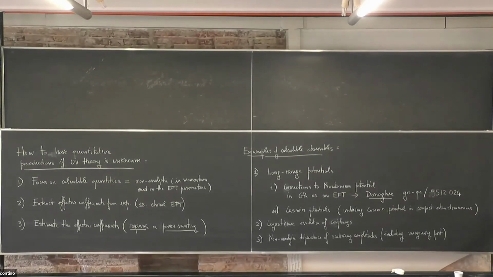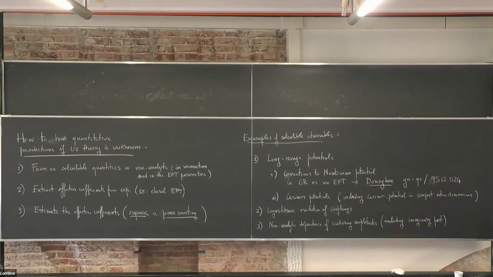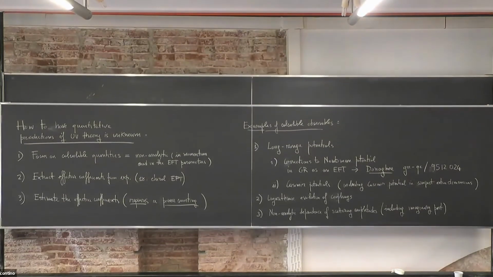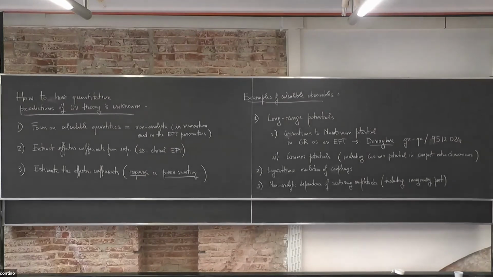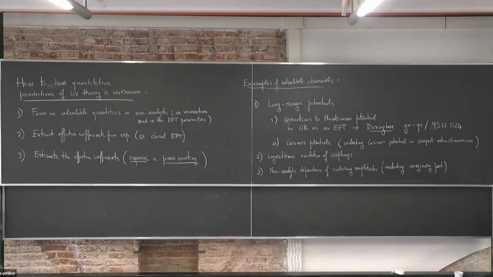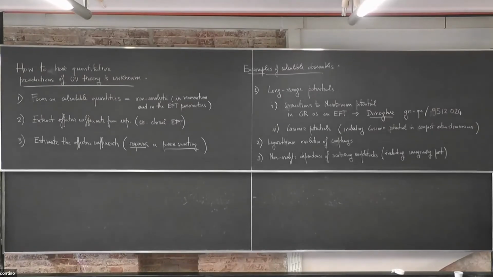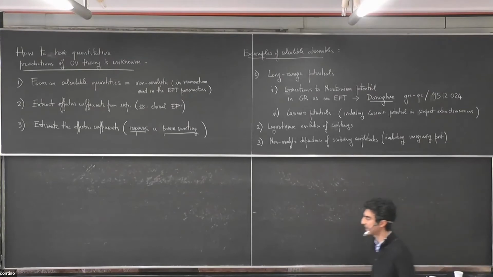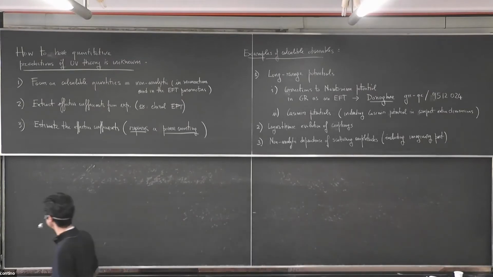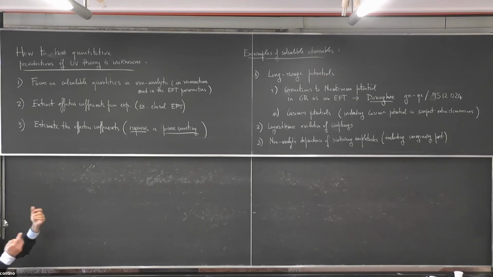So let's make an explicit example, and this will illustrate the art of estimating effective coefficients. This is not an exact science, but rather an art, because, as I'm going to stress several times during this final lecture, estimating these coefficients requires making some assumption on the UV dynamics.